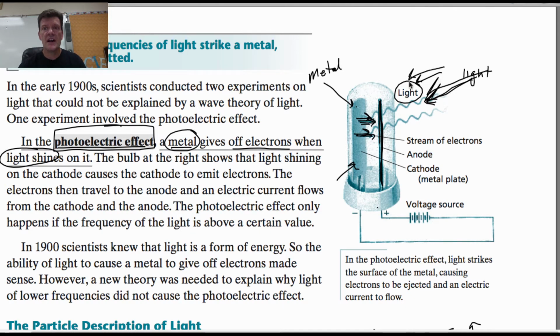And then they'd try higher. Finally, some electrons would be emitted. Okay? And then maybe they try higher, and then some electrons would be emitted. But it wasn't like if they just threw a little bit of energy, maybe a few electrons would be emitted. No, they had to reach a certain level. Nothing happened until they reached a certain level of energy.